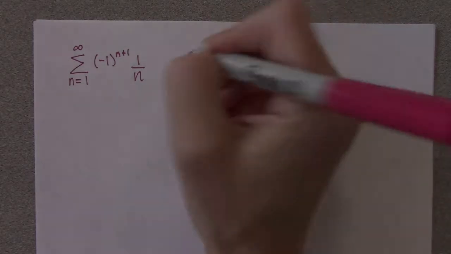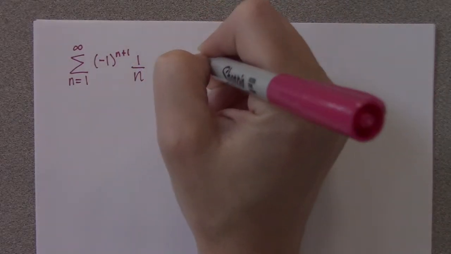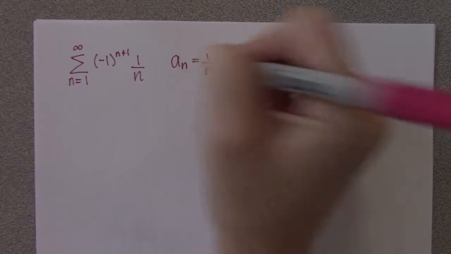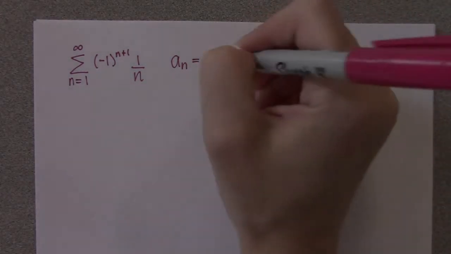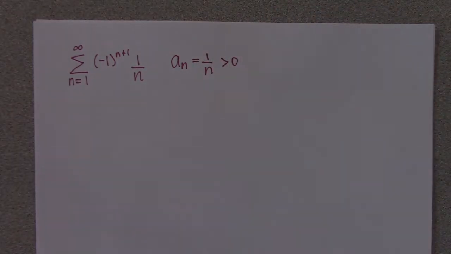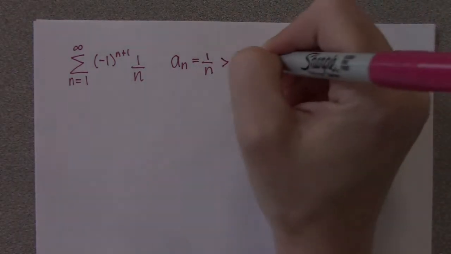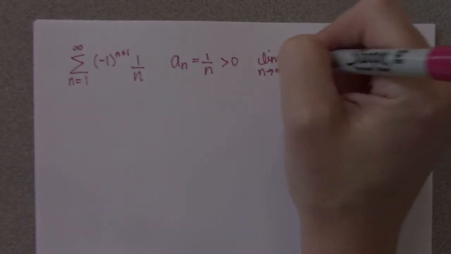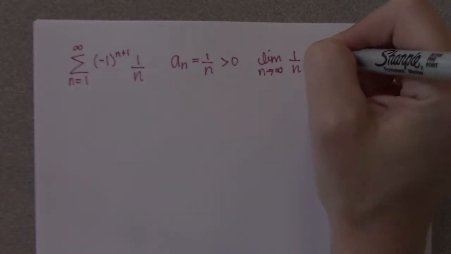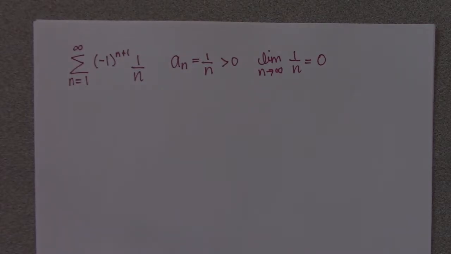The first thing is our term a sub n is just 1 over n, because we ignore the -1. Those terms are positive, so it checks out. Then we take the limit of a sub n, which equals 0, so that checks out.